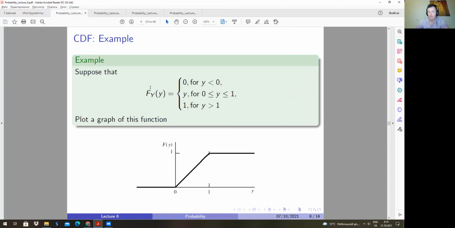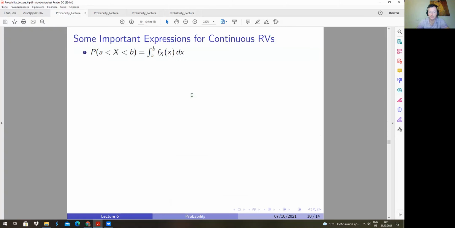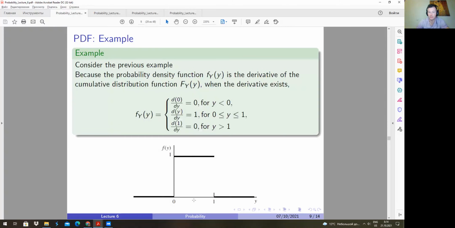For example, if we evaluate this CDF at 1/2, it's going to be 1/2, right? Because it's just y, 1/2 here. And if we put 1/2 here and evaluate the area under this curve from 0 to 1/2, we will get 1/2 as well. So that's the link between the graph of the PDF and the value of the CDF.